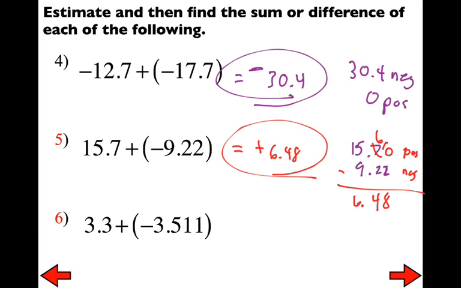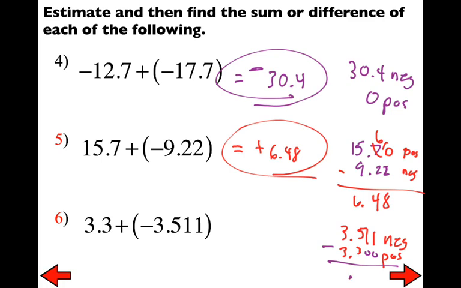In number 6, we have more negatives than we do positives, because we have 3.11 negatives and 3.3 positives. Probably should put a couple of zeros there so that we have same units. And now we're trying to figure out how many more negatives we have than positives.